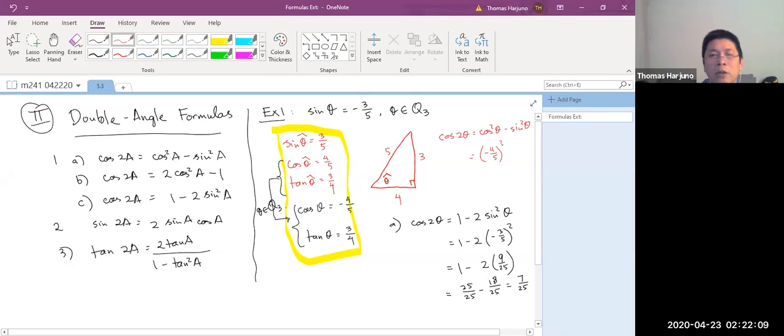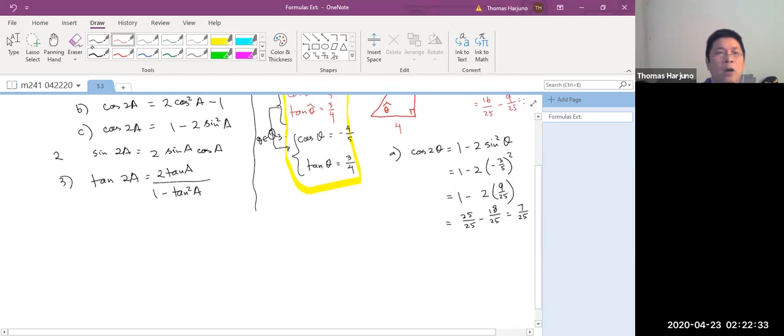You see what I mean? If you get something different from negative 4/5, then you basically just use that. This will be 16 over 25 minus 9 over 25. That's still 7 over 25. So you can use two different methods for cosine 2 theta.